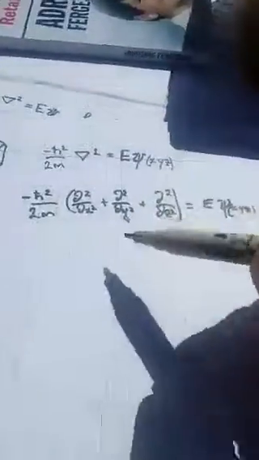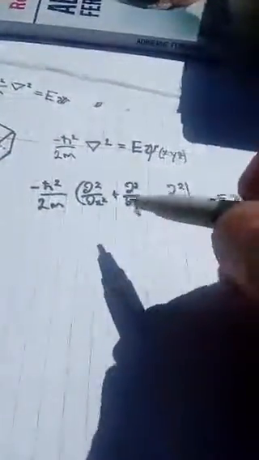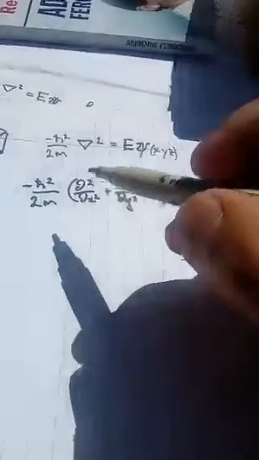I've just expanded that. That's all I've done. So the second derivative, remember, is analogous to acceleration. Acceleration is the second derivative if your location is the original data. So first derivative is speed, second derivative is acceleration.